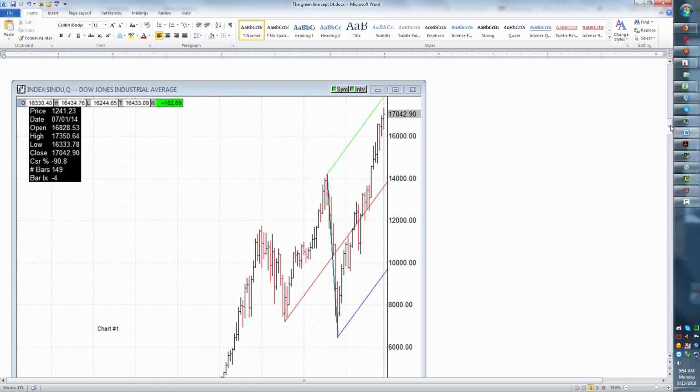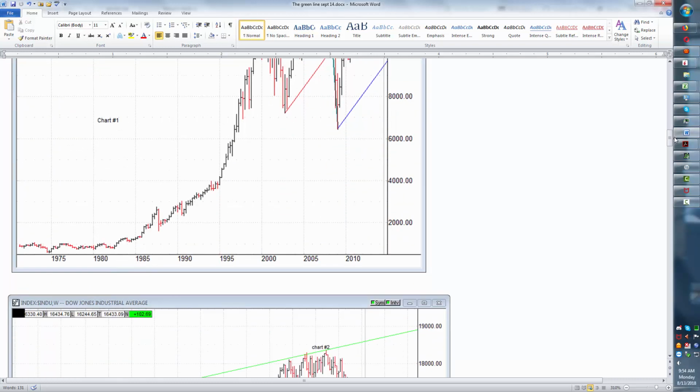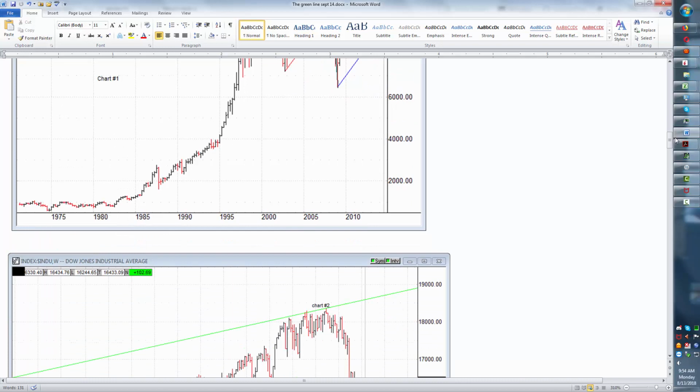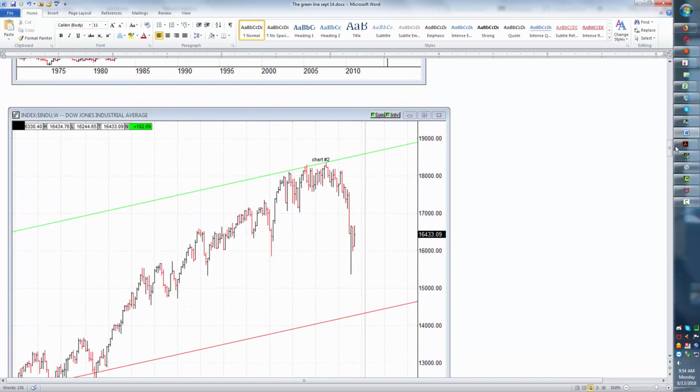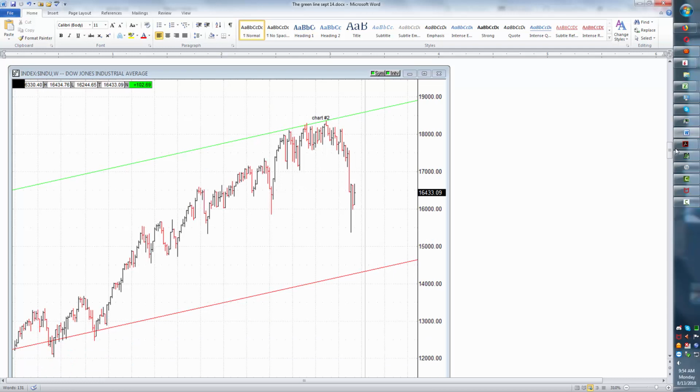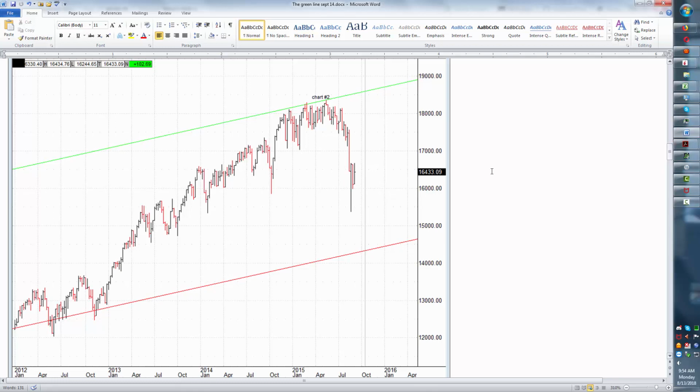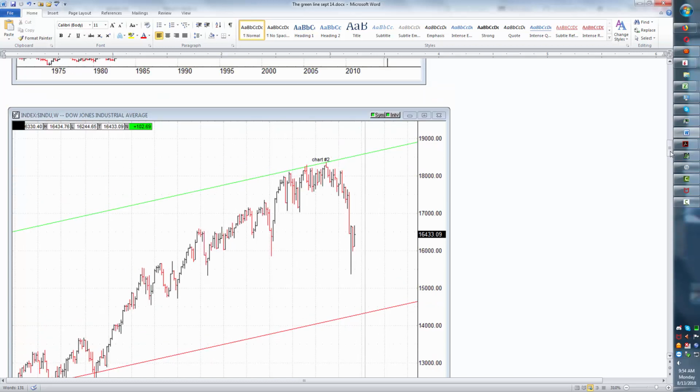So what happened was, and remember I did this analysis in the fall of 2015. And notice that, you can see here, this would have been September or so, and this would have been the middle of June, July.